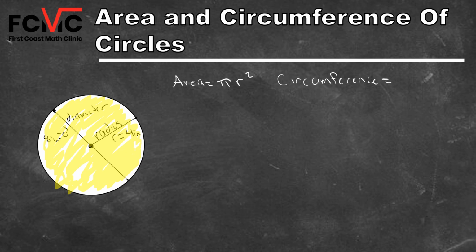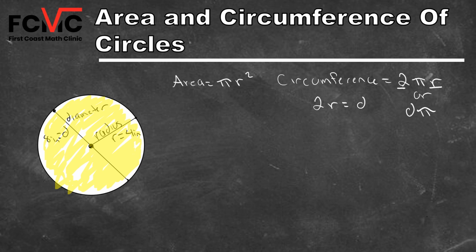Circumference, our formula is 2 times pi times the radius, or instead of having 2 times the radius, well, we know twice the radius is equal to the diameter, so we can replace 2 times the radius with just the diameter times pi. So there's two different formulas we could use: 2 times pi times radius, or just diameter times pi.